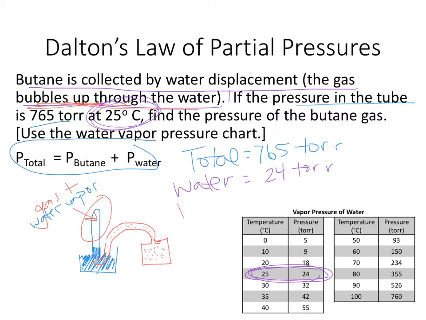Which means butane, which is left over, has to equal 765 minus 24, which is 741 torr. Because what I need is the total pressure to be equal to the water plus the butane, or the total pressure minus the water equals the butane.